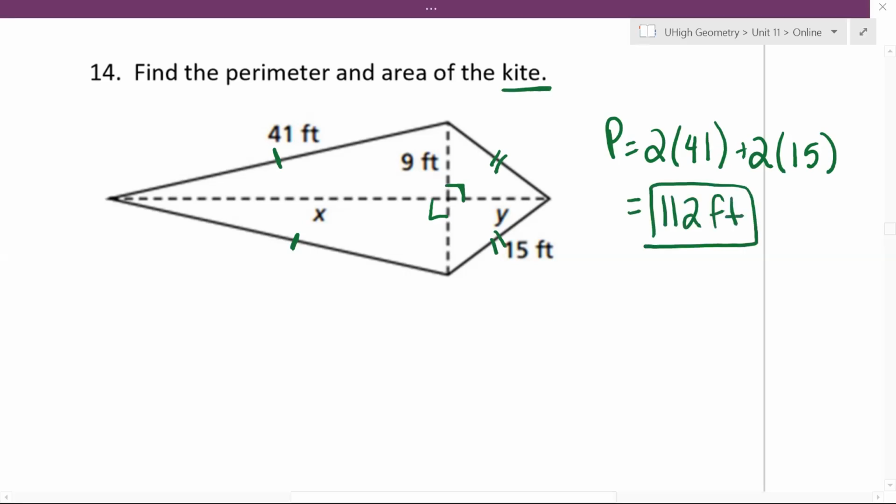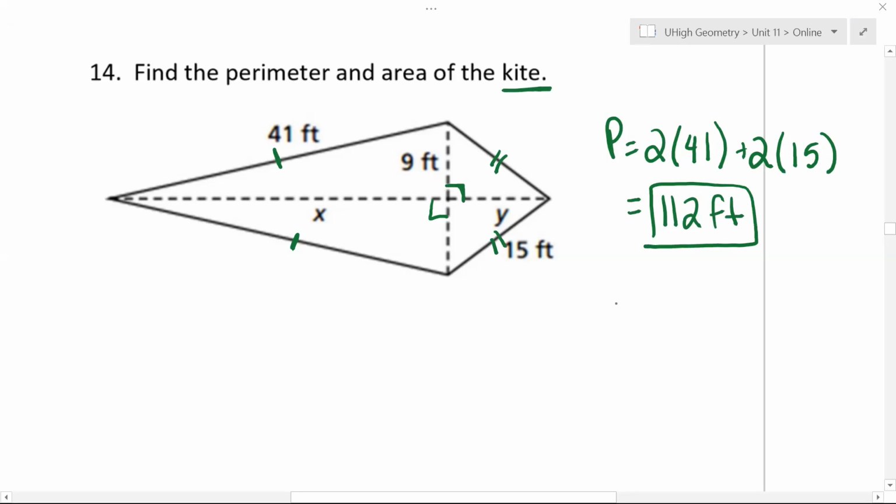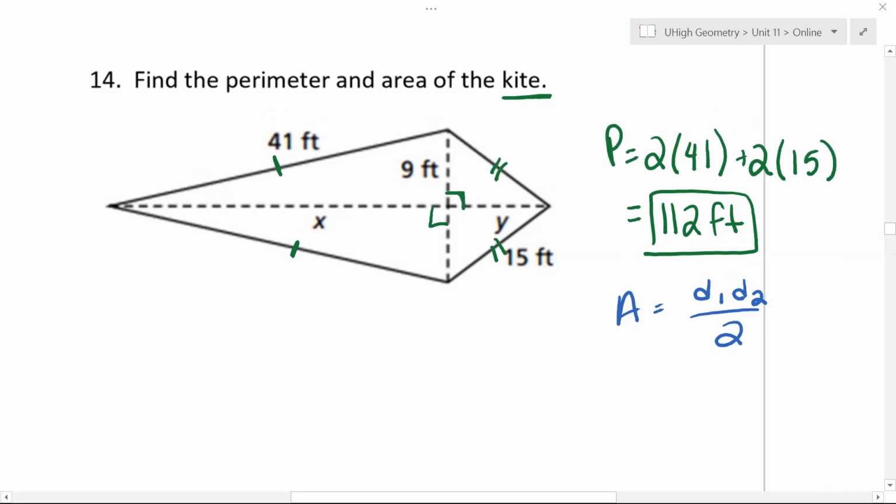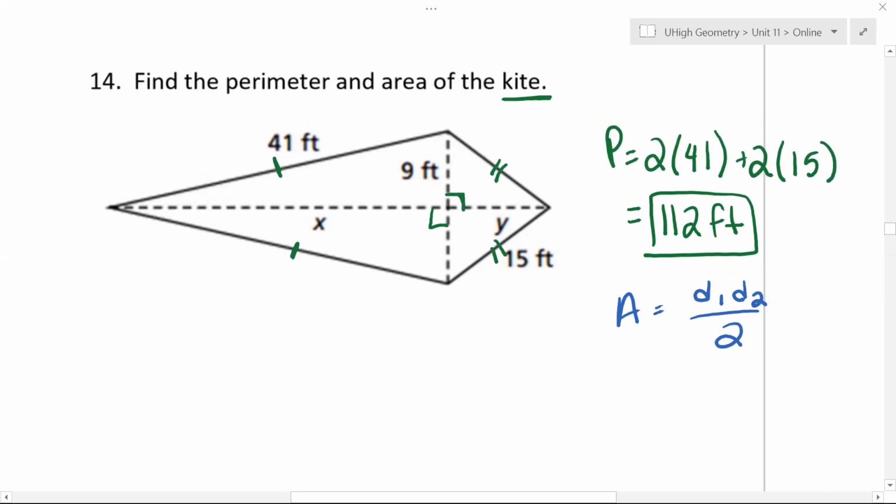Perfect. All right, and for the area, again, I'm thinking diagonal 1 times diagonal 2 divided by 2. And in a kite, if we think back to our properties, I know that one of my diagonals is bisected.